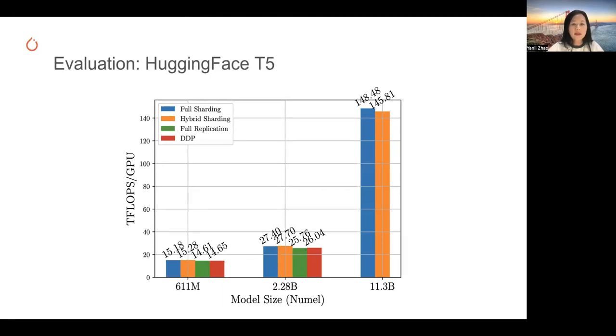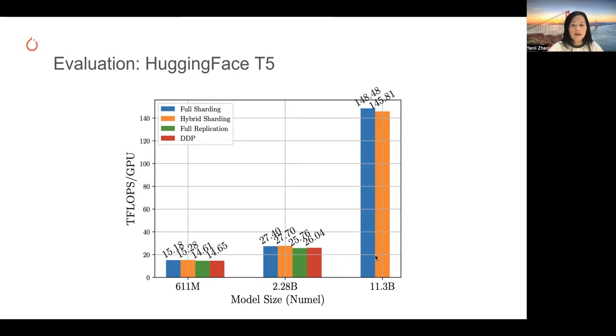We evaluated Hugging Face T5 series models. The performance of FSDP and DDP is similar when evaluating small models. However, DDP encounters an out-of-memory error when attempting to run models larger than 2 billion.